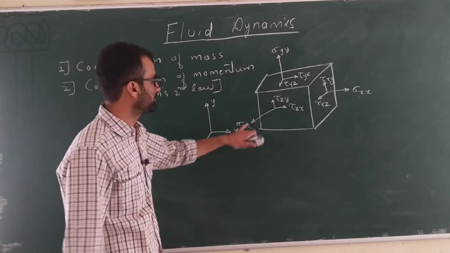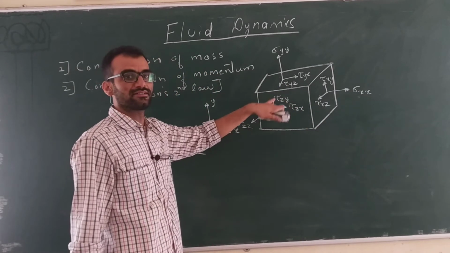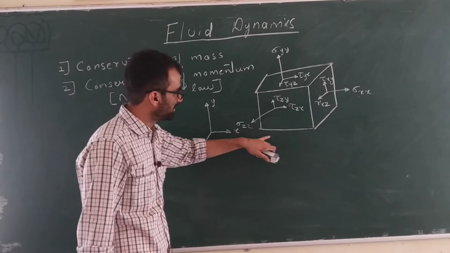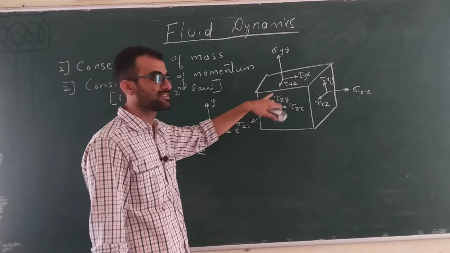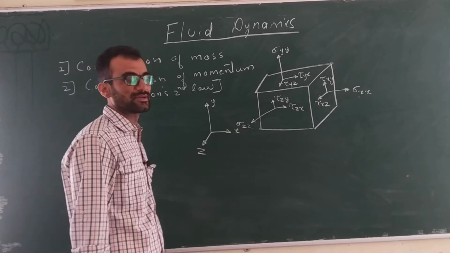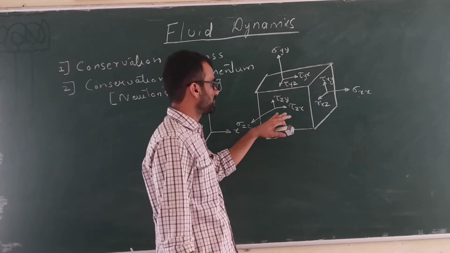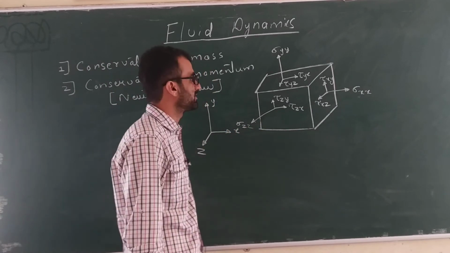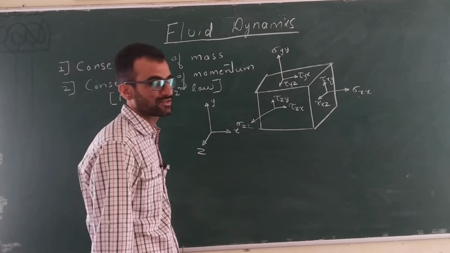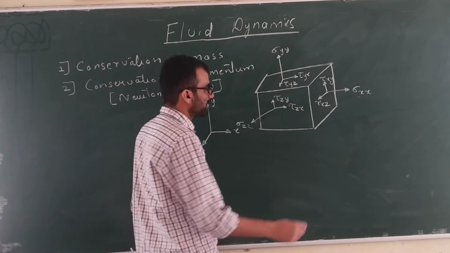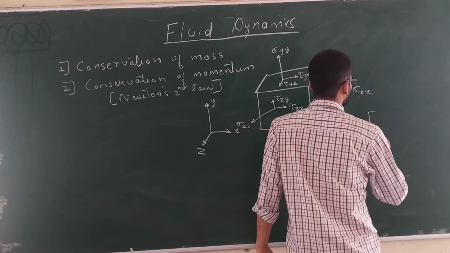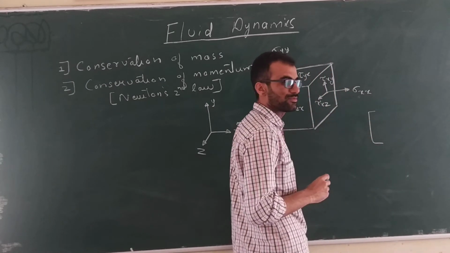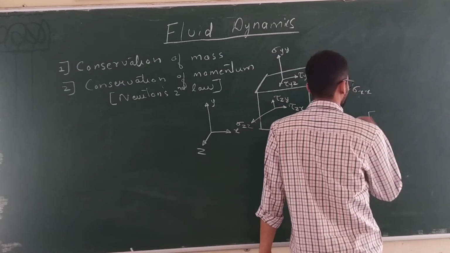In this way the state of stress can be represented for the entire fluid element. So the stress of a fluid element is a tensor quantity. This is a tensor representation of stress. You can also write the 9 components of the stress tensor. How can you write the stress tensor?